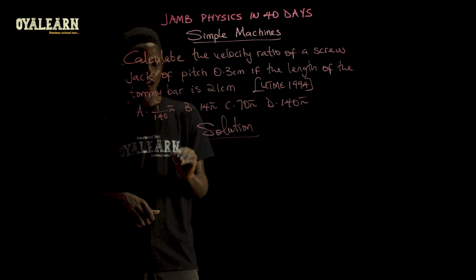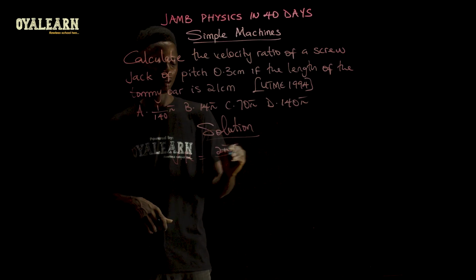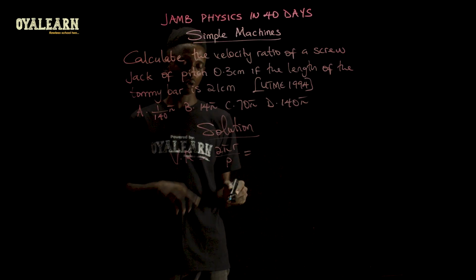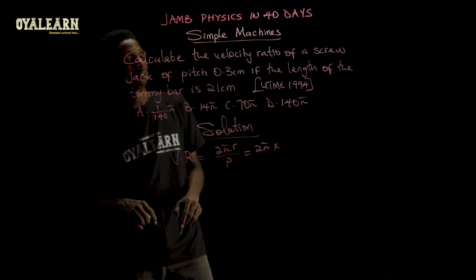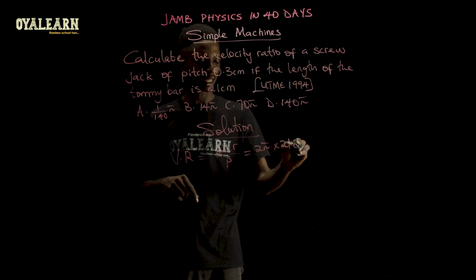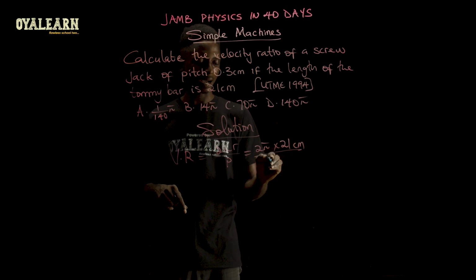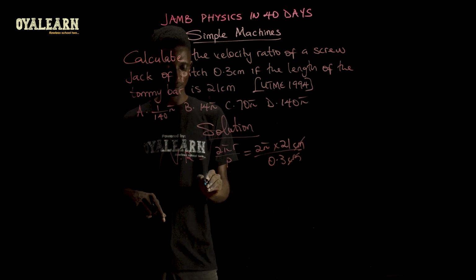Now, the velocity ratio of a screw is given as 2 pi r over pitch. So this will be 2 pi multiplied by the length of the tommy bar, which is 21 centimeters, all divided by 0.3 centimeters. So centimeters cancel centimeters.